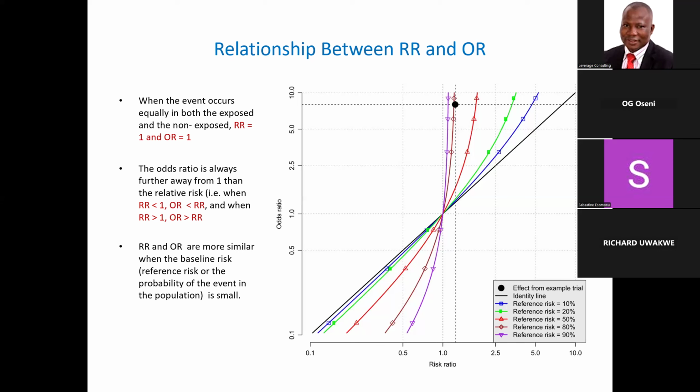The graph plots odds ratio on the vertical axis and relative risk on the horizontal axis. So for different studies, you see different colors. When the risk is 10%, when the risk is 20%, the lemon yellow is when it is 20%. When it is 50%, 80%, 90%, for different values of the risk.